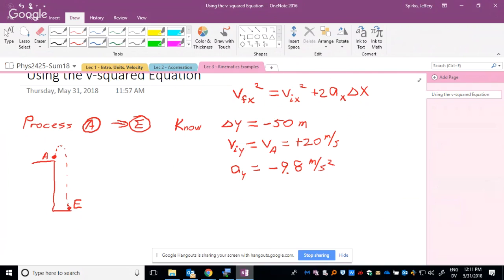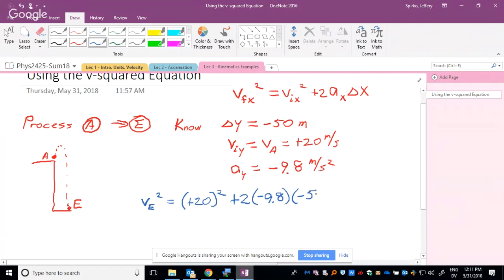But we have enough information to fill in basically the entire right-hand side of the equation. We know the initial conditions, we know the acceleration during the process, and we know the displacement, which is the key to figuring out exactly where along the process we stop at point E. So when we plug this stuff in, we get VE squared is plus 20 squared plus 2 times negative 9.8 times negative 50.